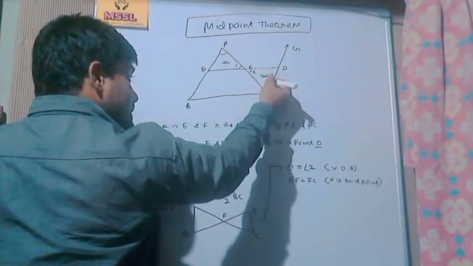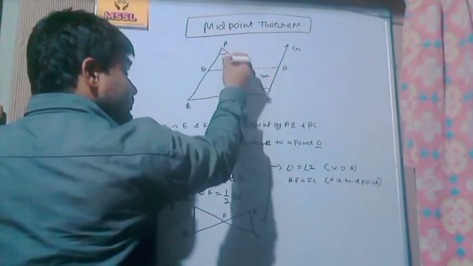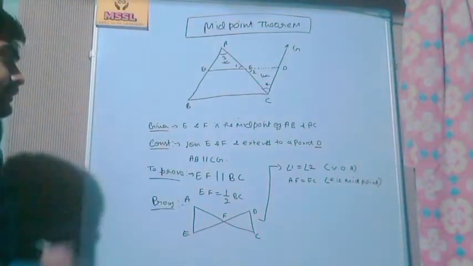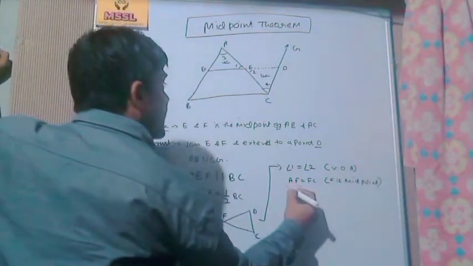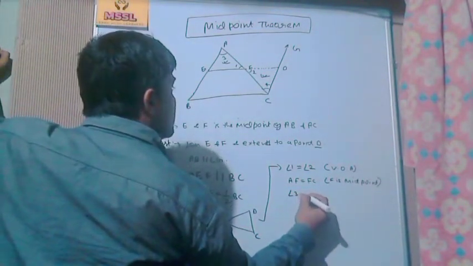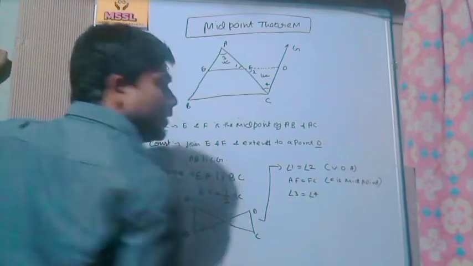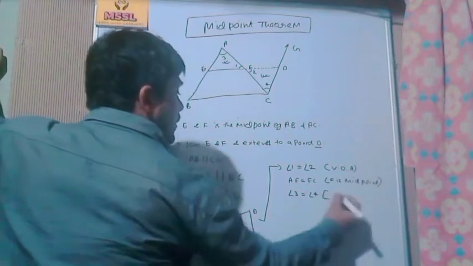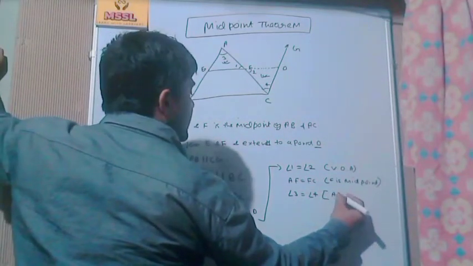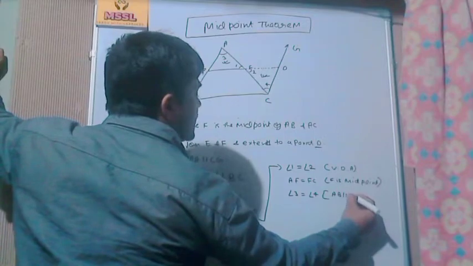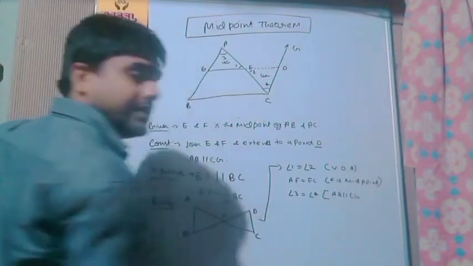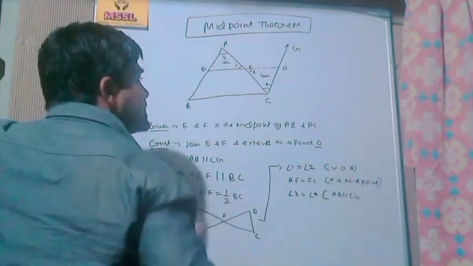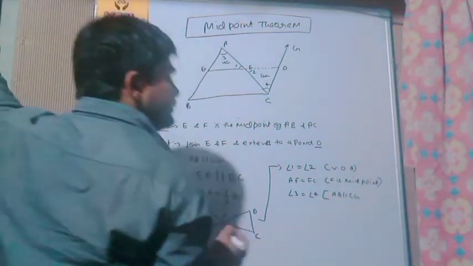This side is equal to this. The angle 3 equals angle 4. Sorry, okay, we can write angle 3 equals angle 4. Why so? Because AB is parallel to CG, right?